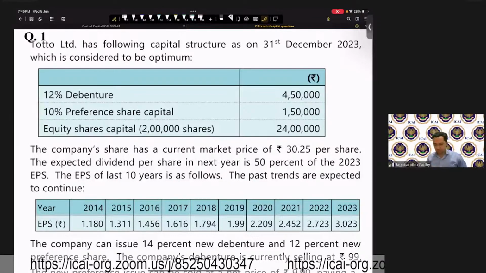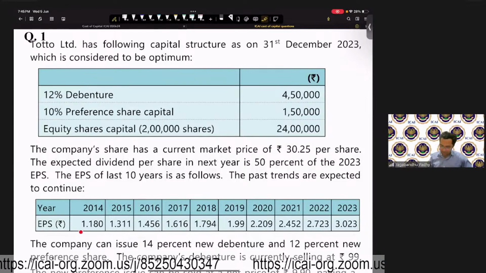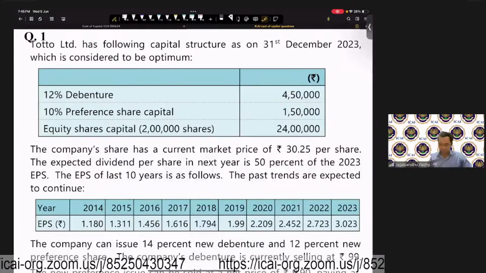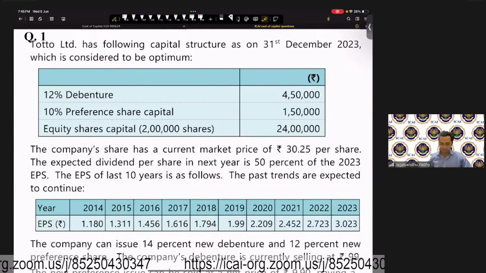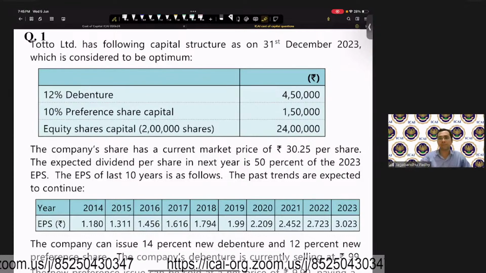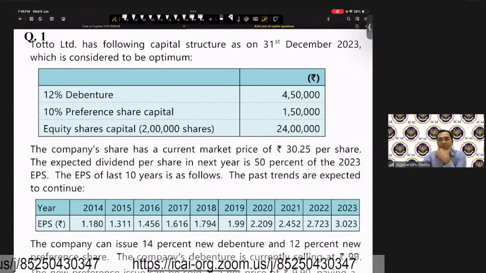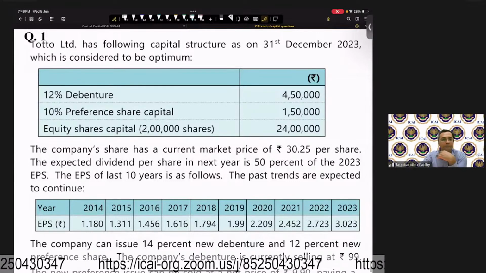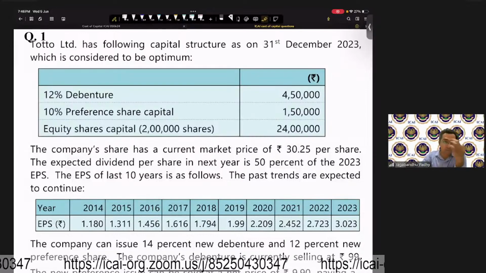Now, tell me what is the trend that you observe over here. Can you tell me what's a typical growth in dividend that is happening over here? The amount of growth that is happening in this. Anyone? Can you tell me what's the growth rate in the dividends?